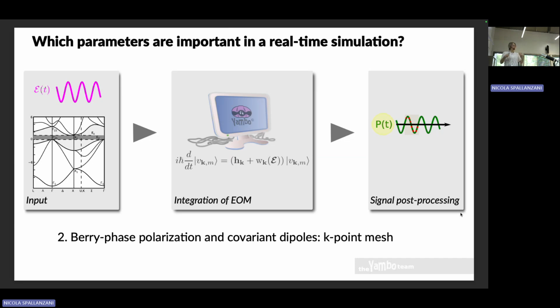So basically you are doing a numerical derivative with respect to k. So this should be quite dense, and you have to be careful and converge on the k-point mesh.